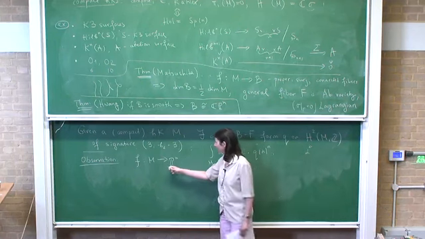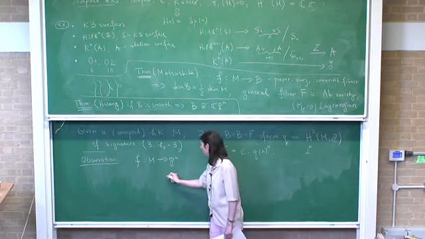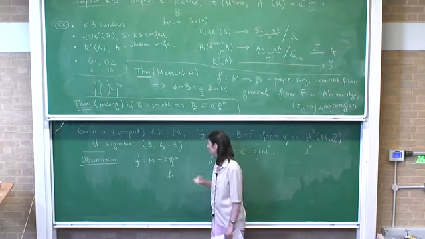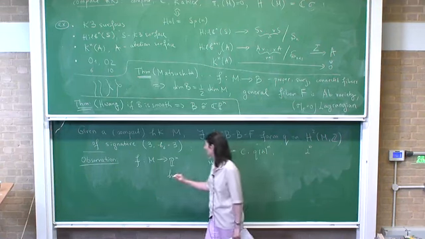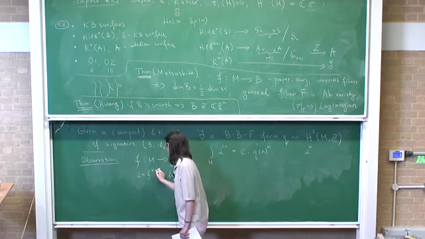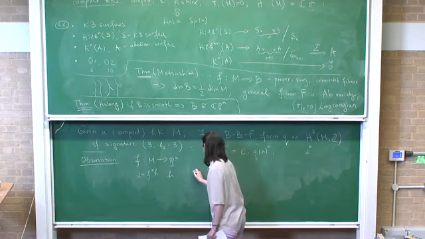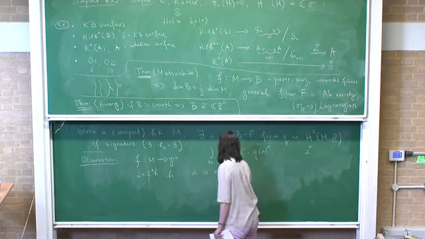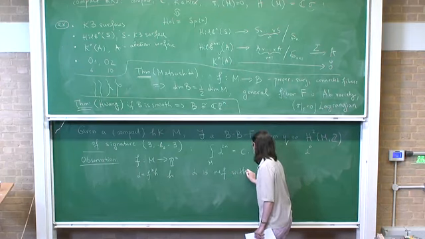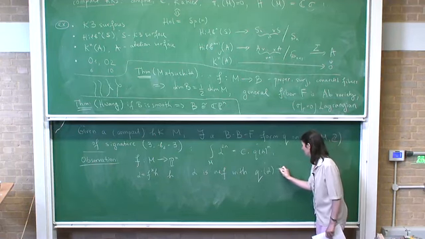So if you take an ample class on the projective space, for example a hyperplane class, and then pull it back to M, let's say alpha is f upper star of h. Then this class alpha is nef with Bogomolov form zero.